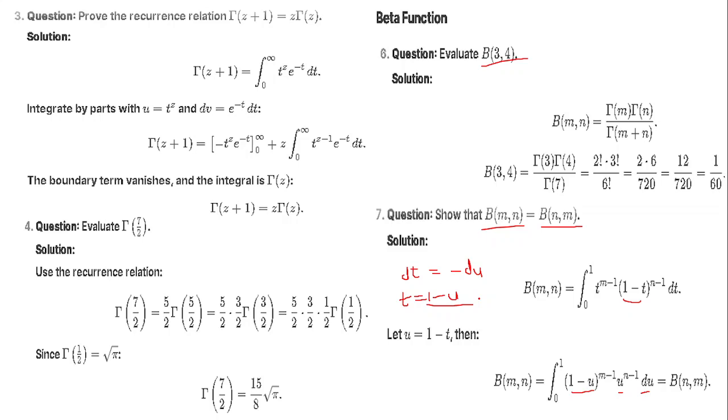So I'm talking about the u that is there. What I'm saying is that dt is equal to minus du, but here we are seeing only du.